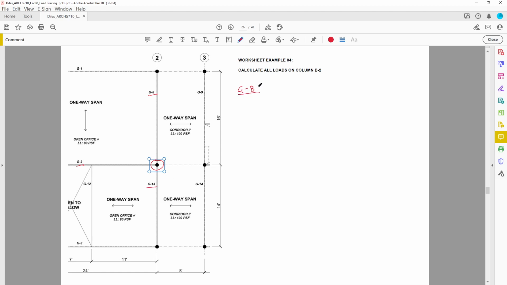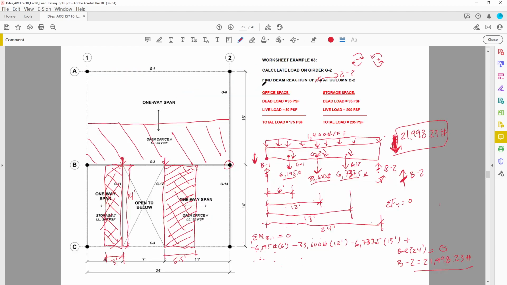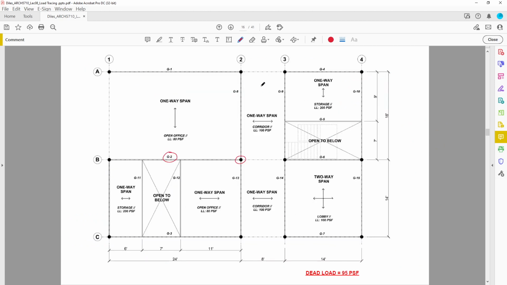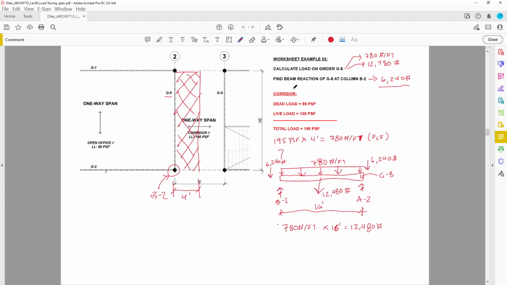So what are the loads from G8? Well, in one of our earlier examples, we looked at the beam reaction of G8 and found this for column B2 already. So that's going to be 6,240 pounds.